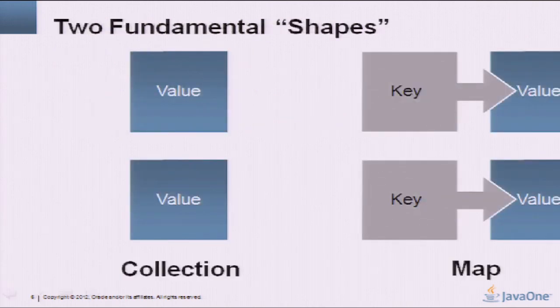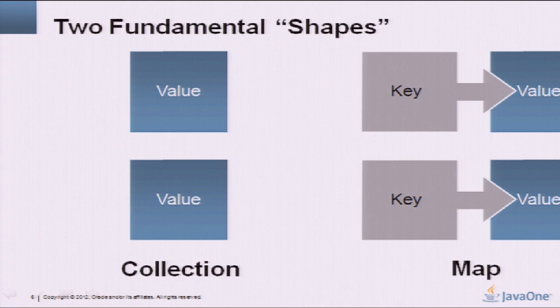The collection classes that are provided by the JDK come in two fundamental shapes. The first of these is what has as its root something called Collection, which is just a group of objects. There's various ways that the objects are organized, aggregated, other properties to how they're handled, but fundamentally it's just a group of objects.